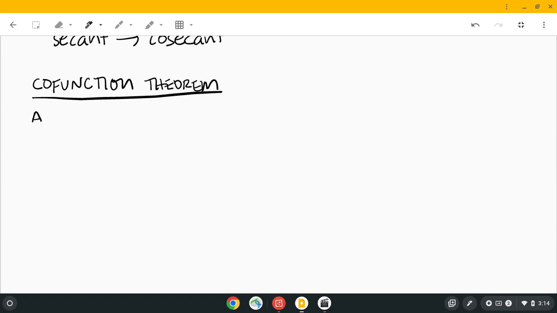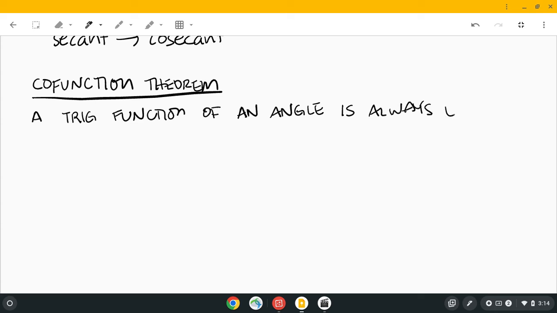So it states that a trig function of an angle is always equal to the cofunction of the complement.